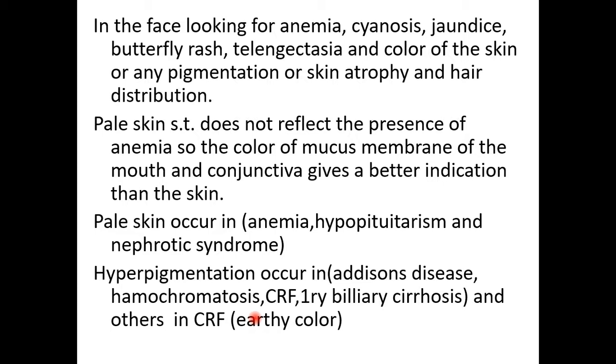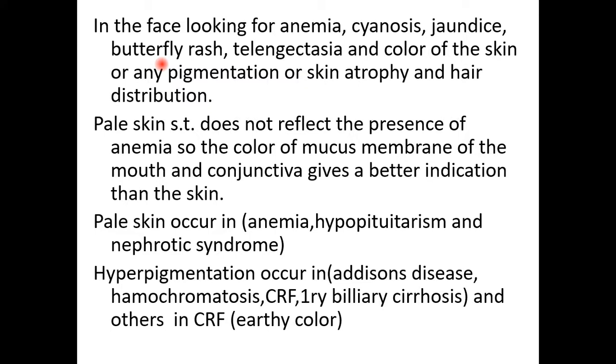Looking for jaundice even in the sclera, in the mucous membrane, and in the hand of the patient. We look for the butterfly rash, for example, if she is pregnant, chloasma, melasma, or she has systemic lupus erythematosus, or mitral stenosis, hypothyroidism. These cause butterfly rashes. And look for telangiectasia, color of the skin, for example, hyperpigmentation.